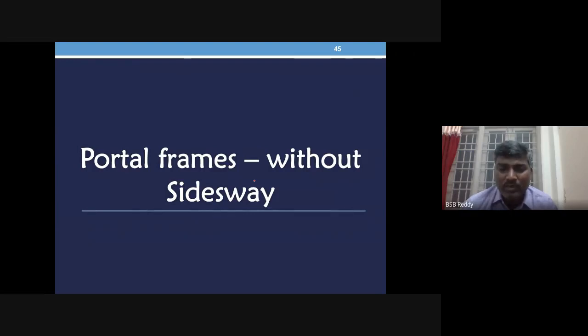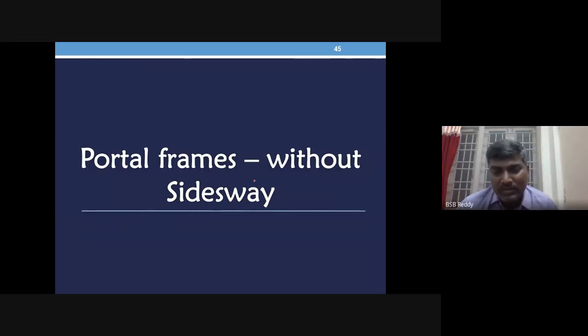So all possible cases of continuous beams have been done. Now we go for the frames. Two-dimensional frames are the possible frames for manual calculations, hence we take only two-dimensional frames.